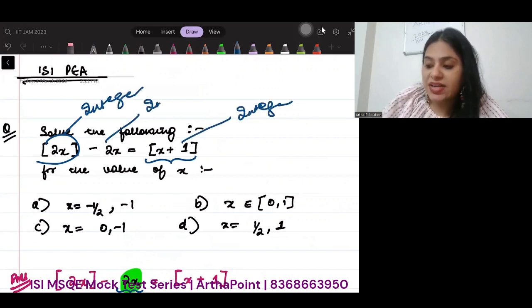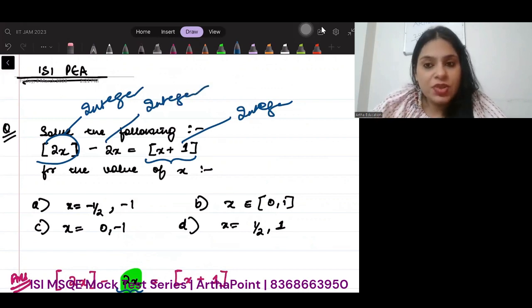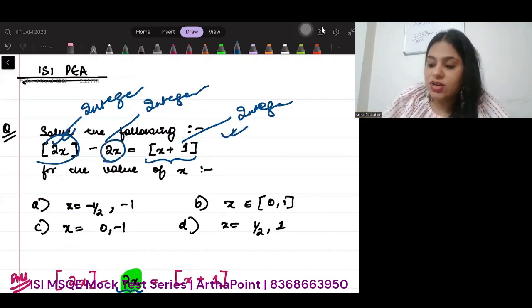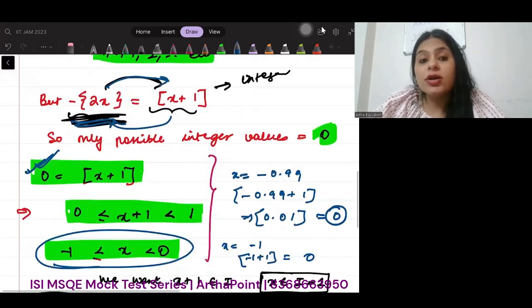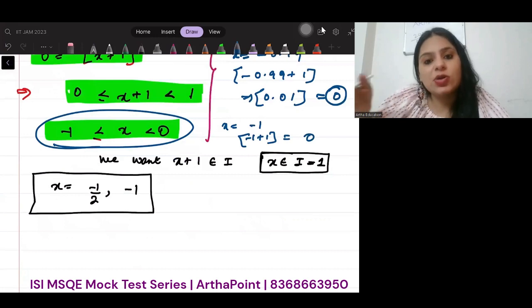So integer minus integer can be an integer, right? I know this is an integer, and this is an integer, so I know that this should also be an integer. So I want 2x to be an integer. An integer between what? An integer between minus 1 and 0.